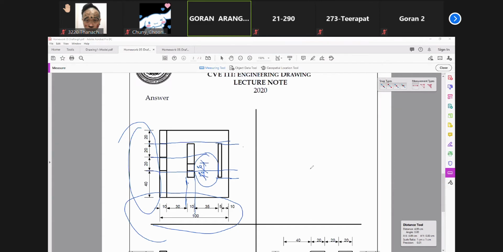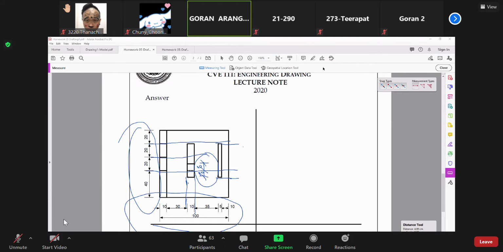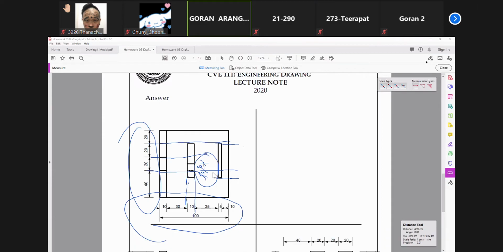So it must be, as I said, you must give the dimensions in order that it will be understandable. Okay. Anyone else? Any more questions?